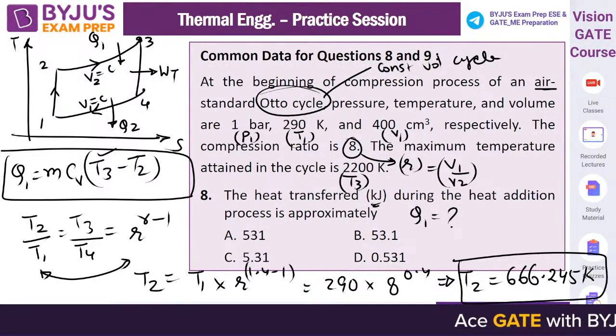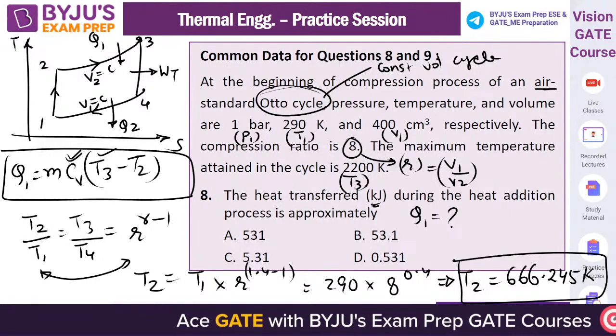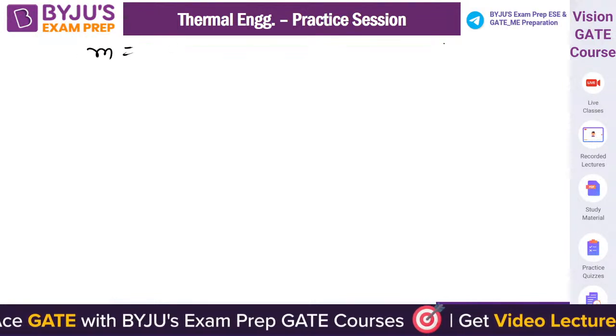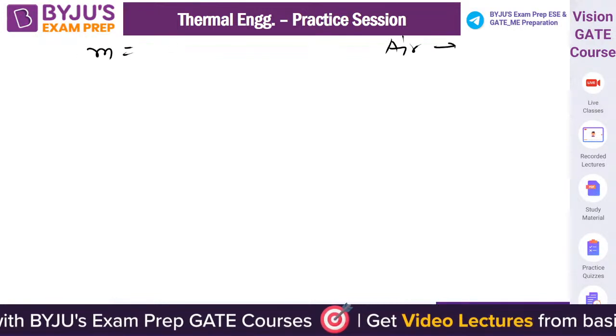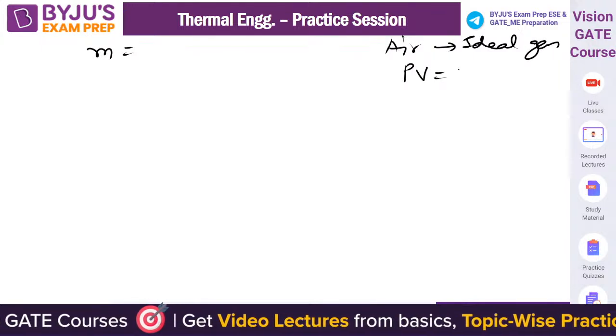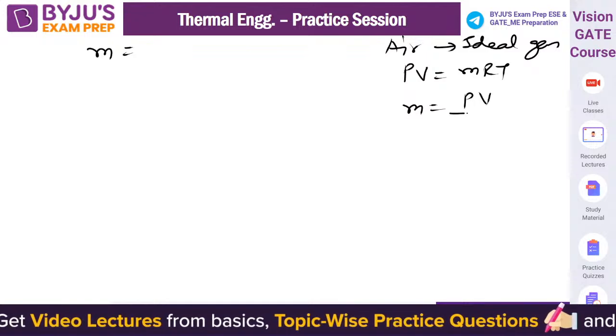And then CV is known, CV for air, that is 0.718. What is the mass of air? Now also find out the mass. Because air is treated as an ideal gas, PV is equal to mRT. So mass is equal to P into V by RT.